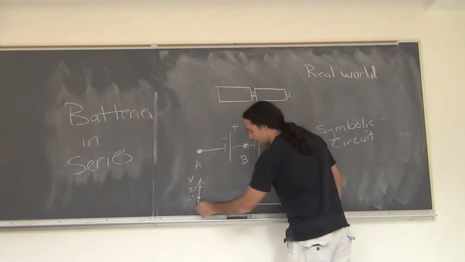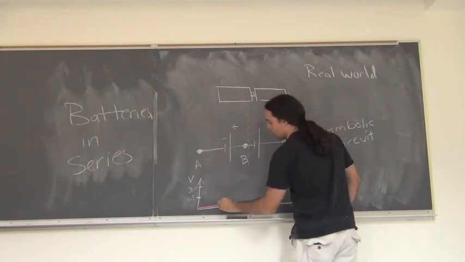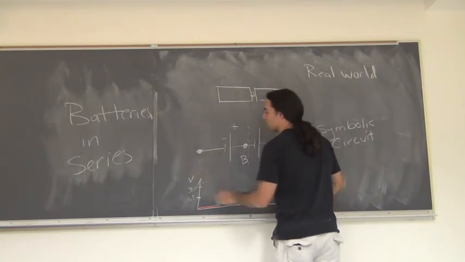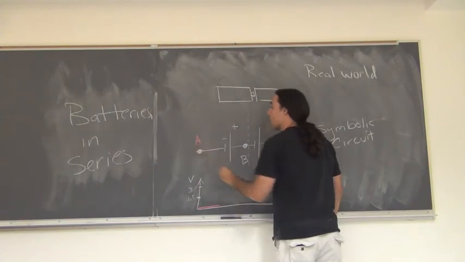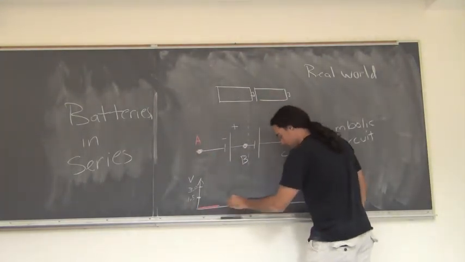Up until my battery, at point A, my voltage is 0. So we're starting off all the way on the bottom here.